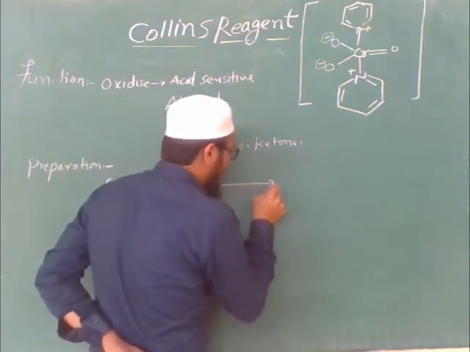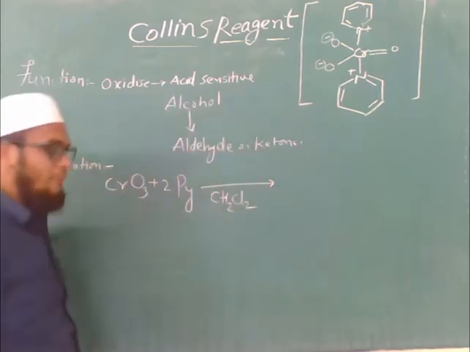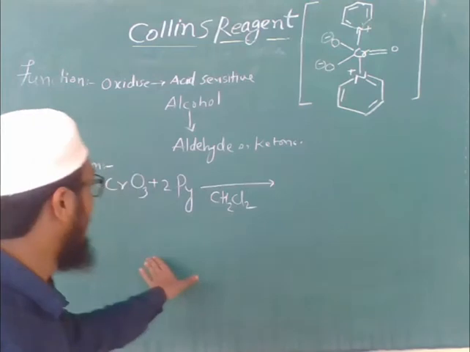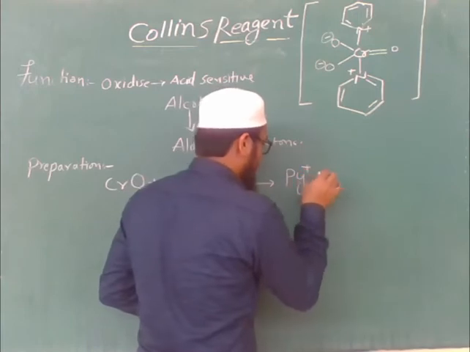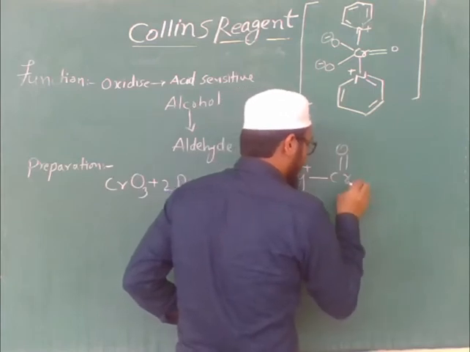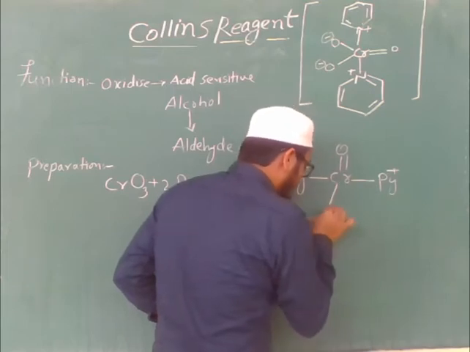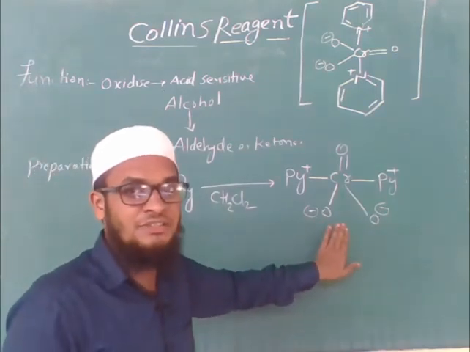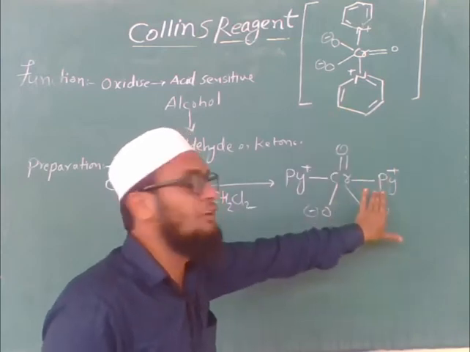In a solvent, DCM, dichloromethane, CH2Cl2, and it will give me this Collins reagent, Py positive, single bond, chromium double bond O, single bond, Py positive, single bond O negative, single bond O negative. This structure is the same as this one, just in place of the pyridine ring, I have written Py positive.